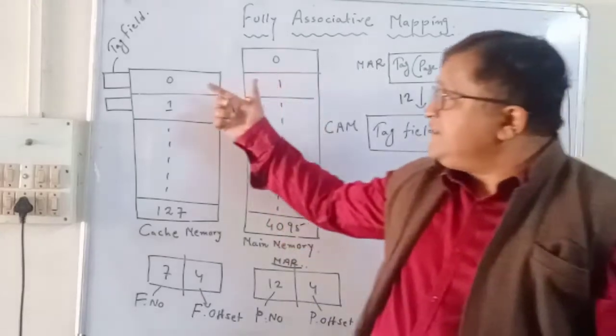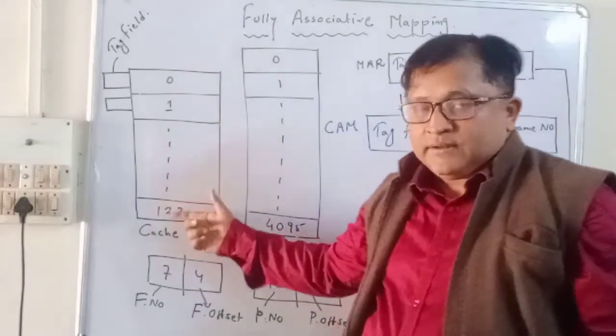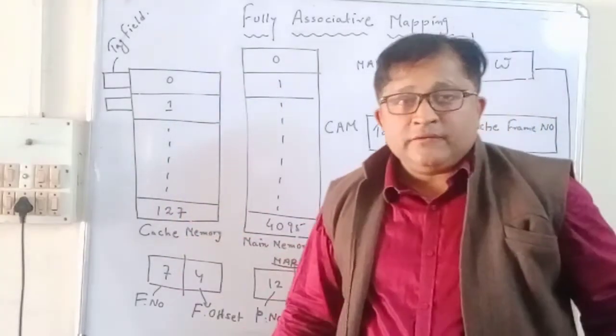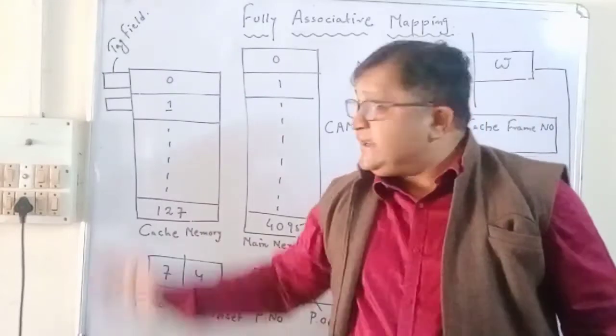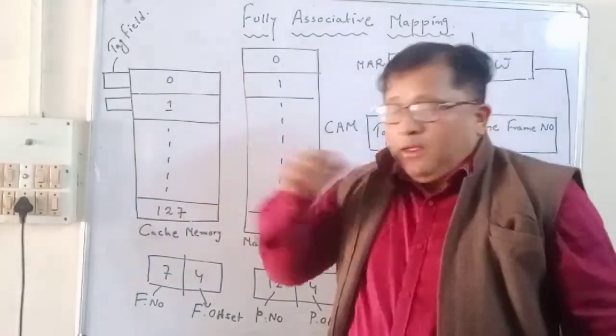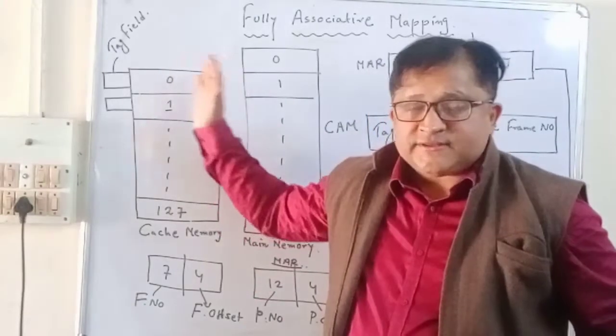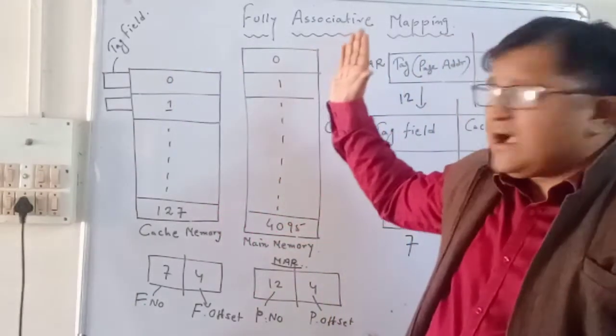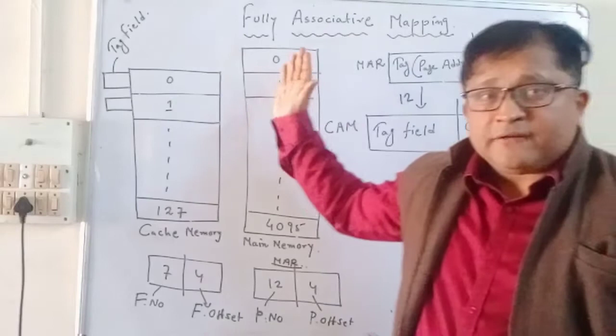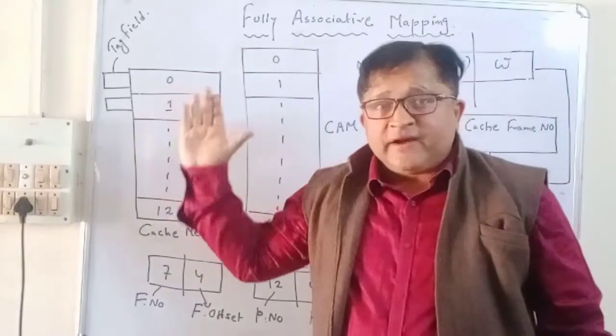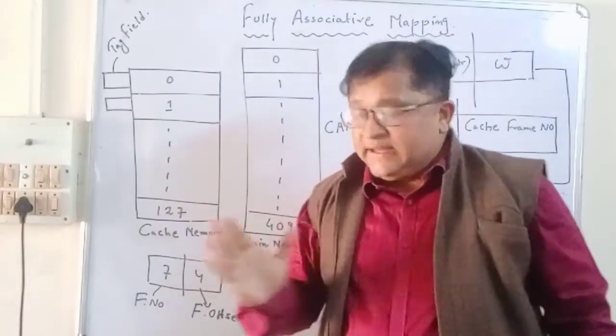Similarly, the cache memory has 128 cache frames, where each cache frame has 16 locations. So both a page in the main memory and a frame in the cache memory are divided into 16 locations each.